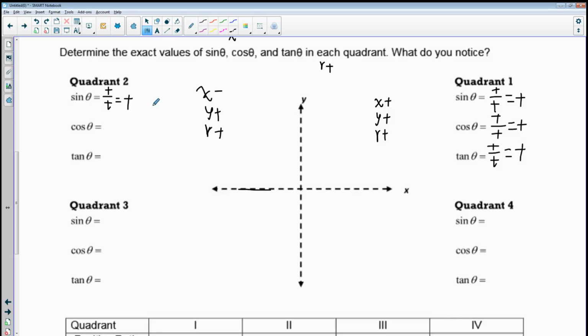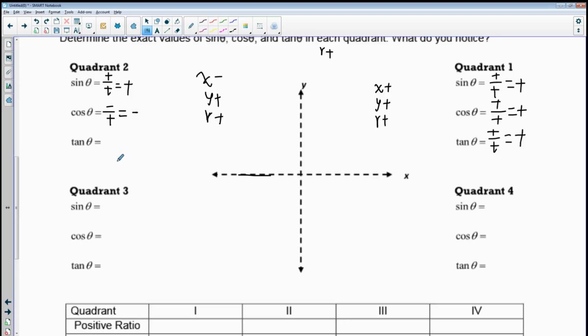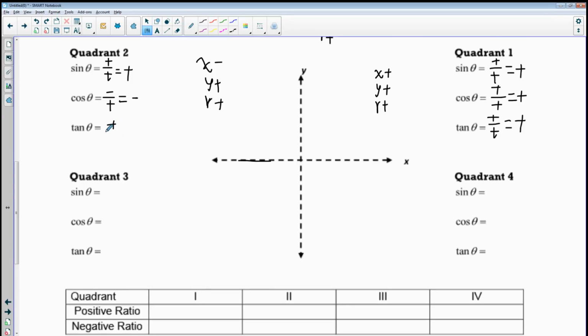Wink, wink. Ambiguous case for sine law. Wink, wink. Not quite there yet, but it's related to it. Cosine, of course, is x over r, but x is now negative over positive. So cosine is negative. And tangent, of course, is y over x.